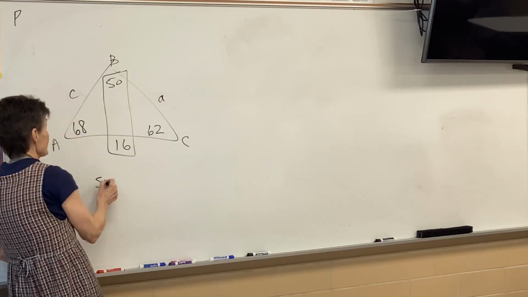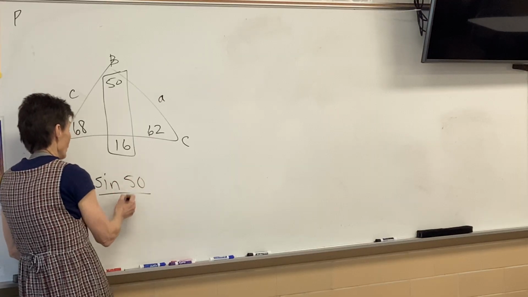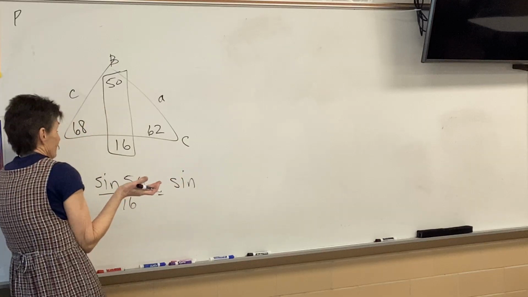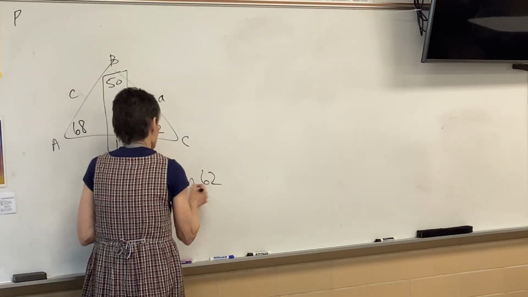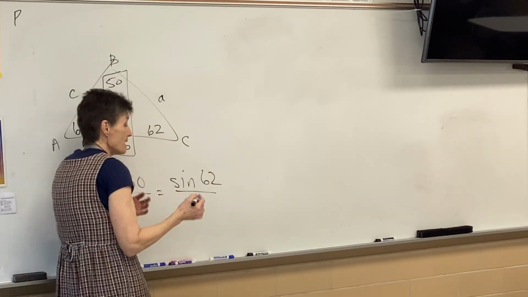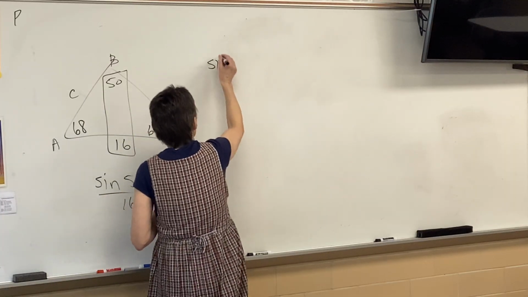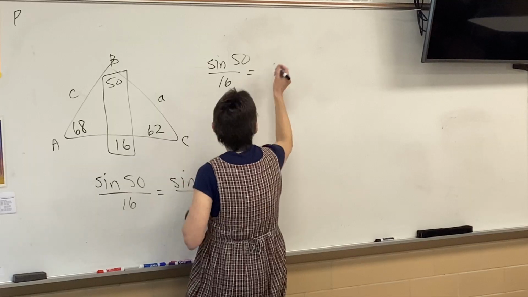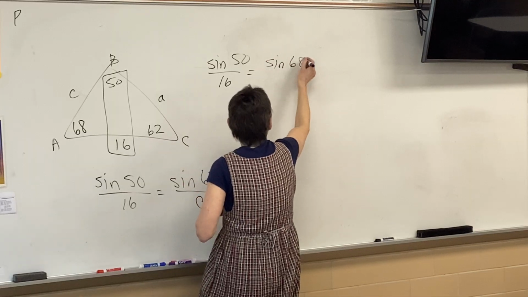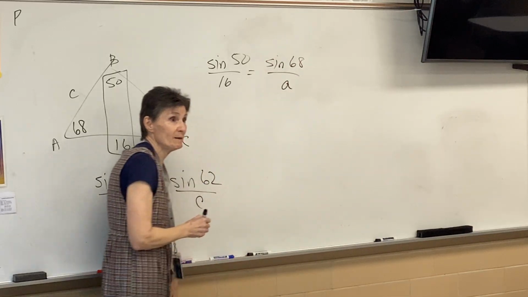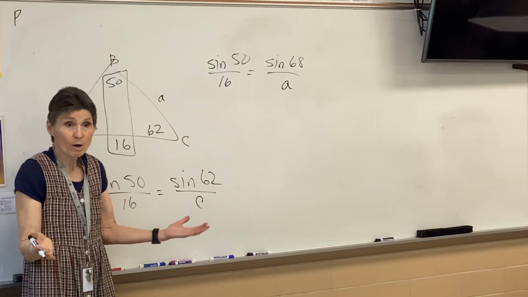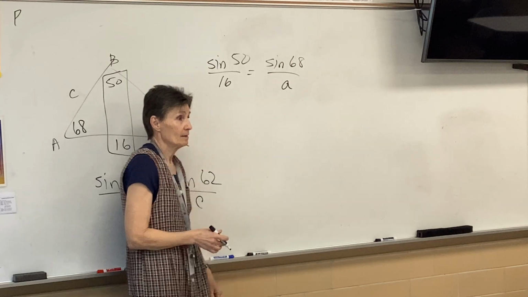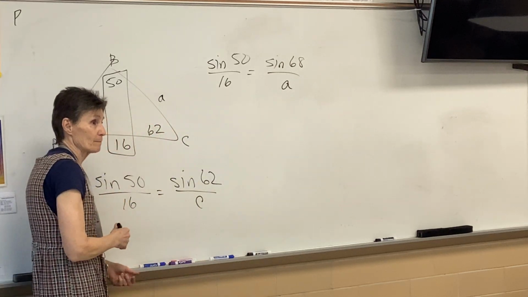So we're gonna say sine 50 over 16 equals sine 62 over C. And you can't miss with this because sine 50 over 16 also equals sine 68 over A. Would you agree with me? And we need to do both of them because we have to find C and A.